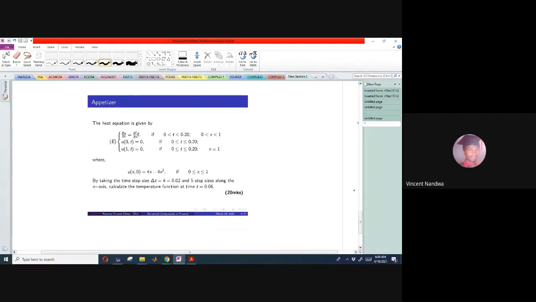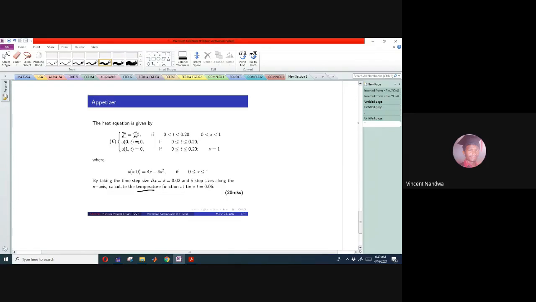So here is an example. The heat equation is given by partial u partial t equals partial squared u partial x squared, where time is between 0 and 0.2, and x lies between 0 and 1.